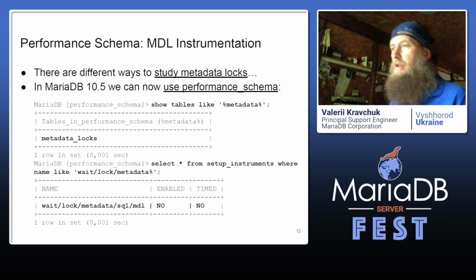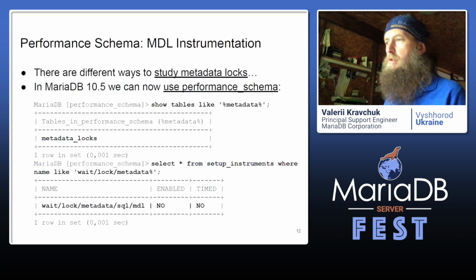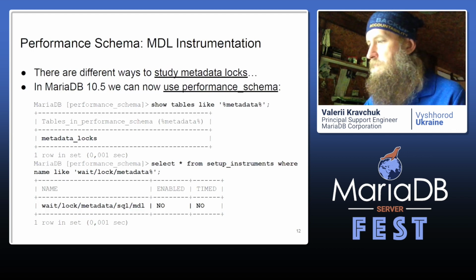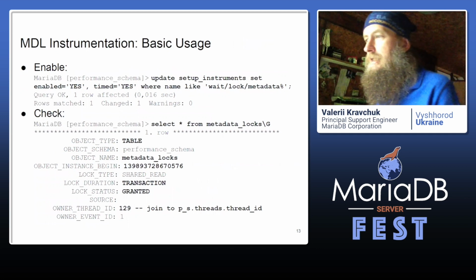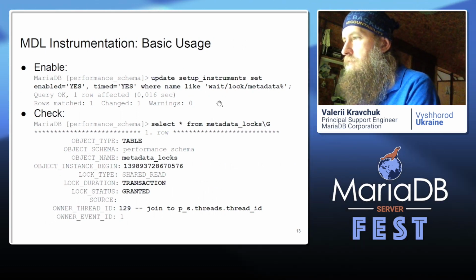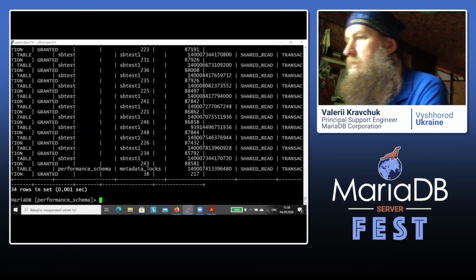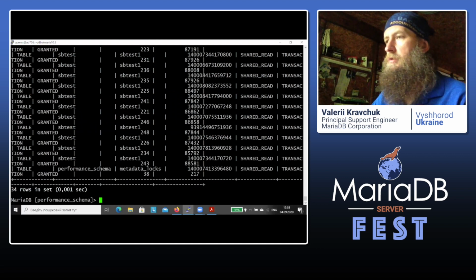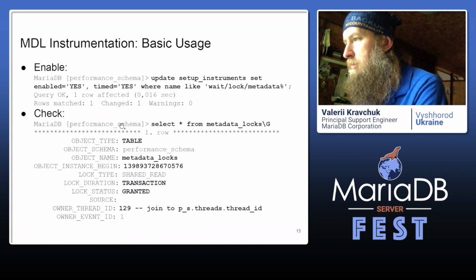There is only one table, metadata locks, and a single instrument, metadata, nothing fancy. You will see metadata locks for sure whenever anything runs, just by selecting from metadata locks. What about now? Now we have a lot of metadata locks, and surely they are tables from the sysbench test. Sorry about that.